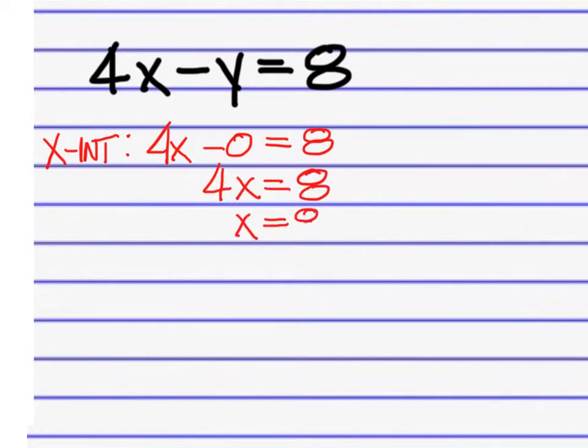Divide the 8 by 4, and you come up with an x value of 2. You plugged in a 0 for y and came back with a 2 for x. So x is 2, y is 0.